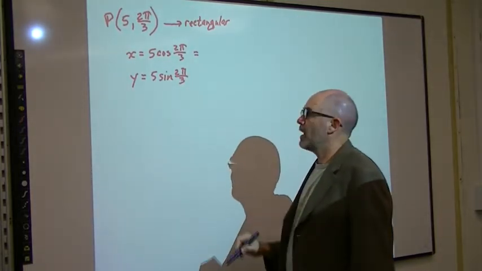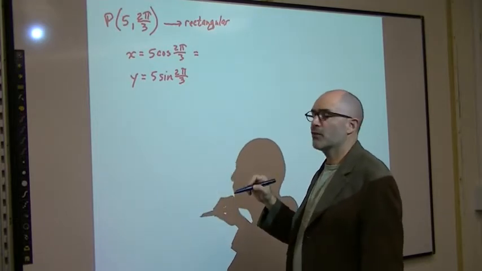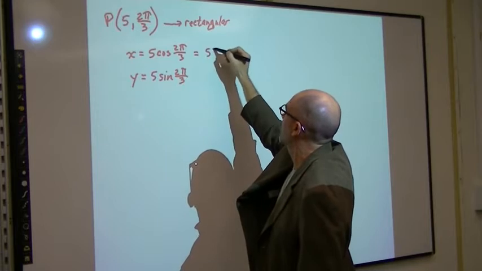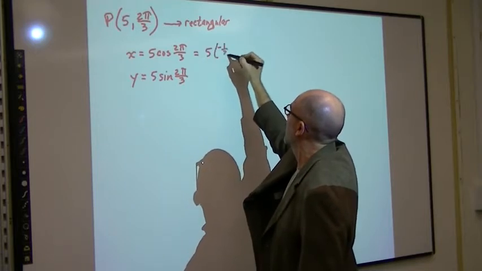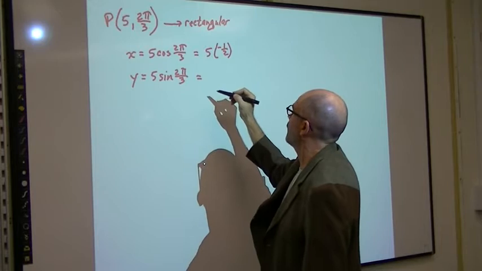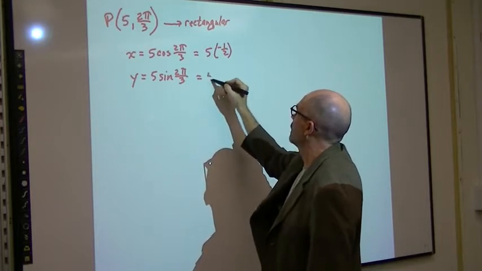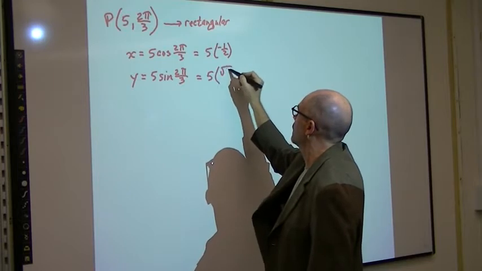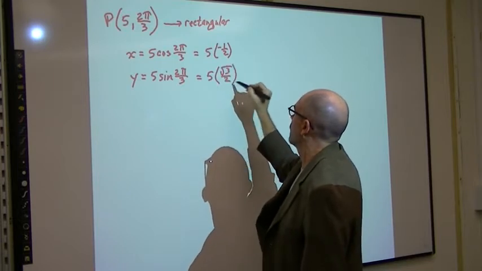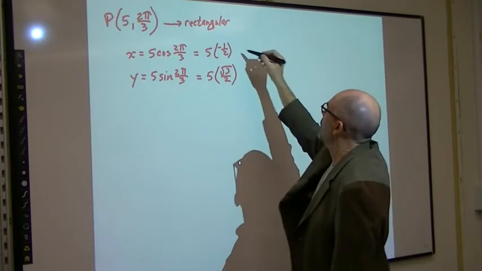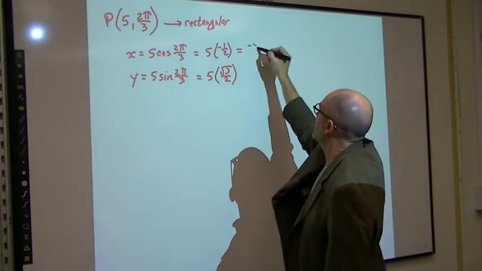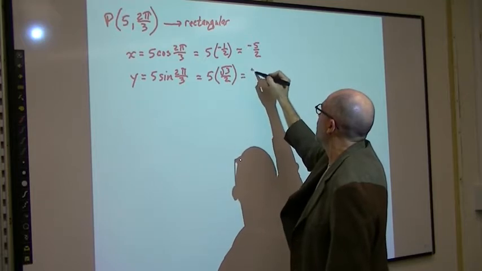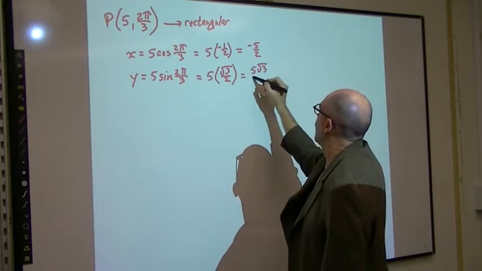Well, cosine of 2 pi over 3 is negative 1/2. And sine 2 pi over 3 is positive square root of 3 over 2. So x is going to equal negative 5/2, and y is going to equal 5 square root of 3 over 2.